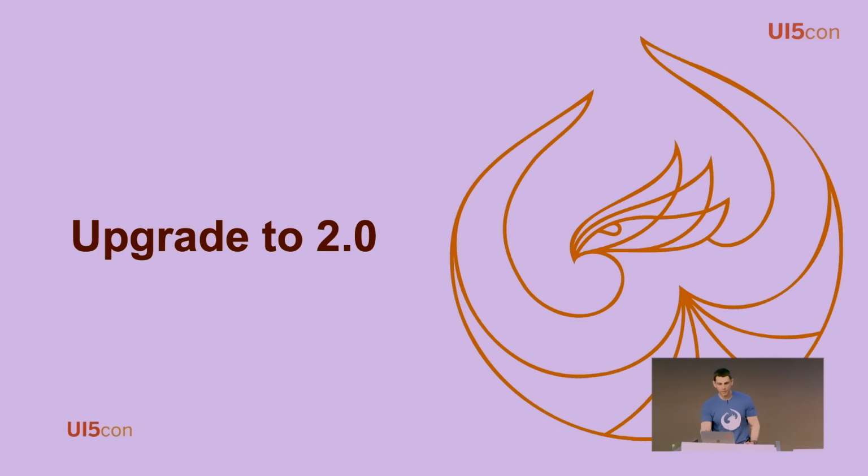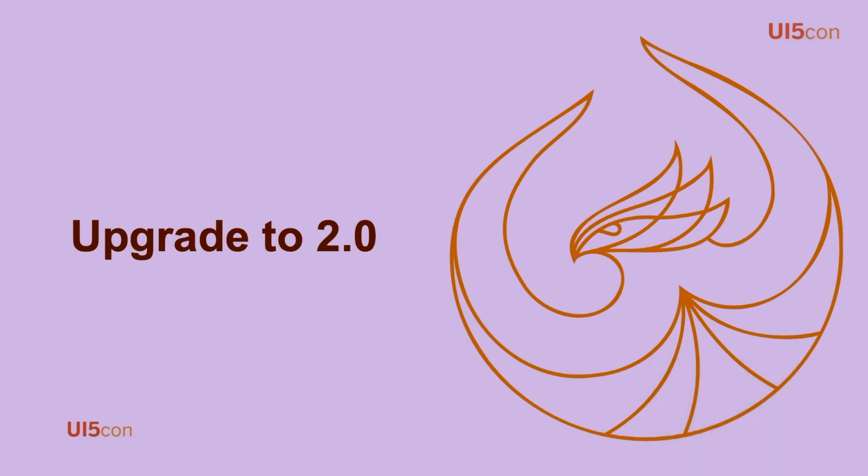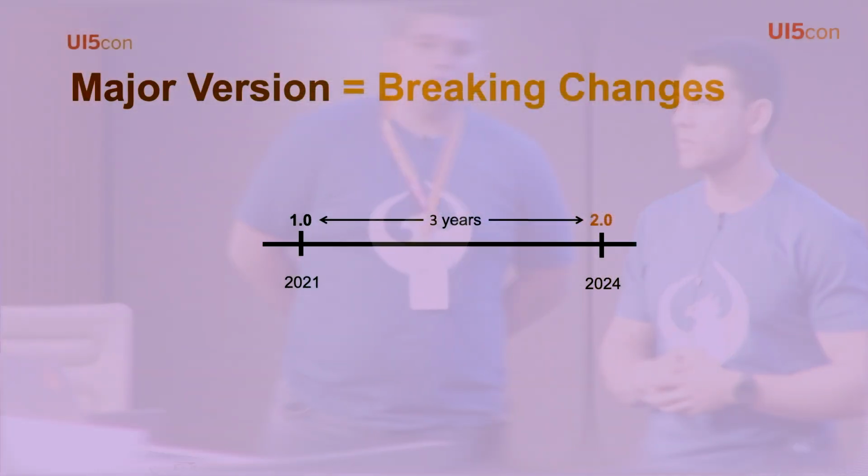After we saw these great features, I would like to touch on another very important aspect of the whole story. As you might guess, major versions mean breaking changes. But if we look back, it's already 3 years since version 1.